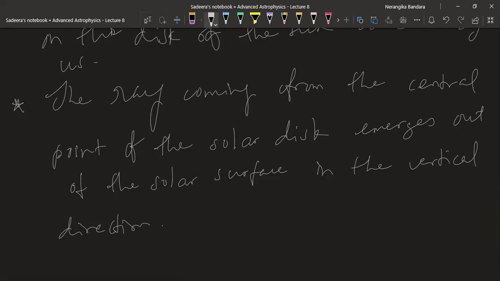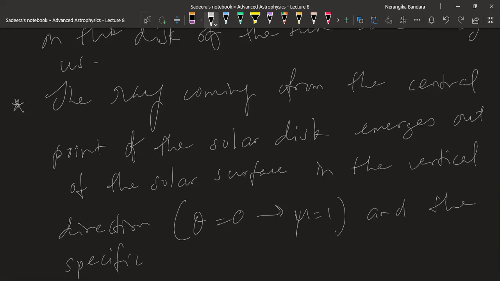So what this means is that theta would be 0, which means mu would be 1. Let me just complete the sentence and read it through.